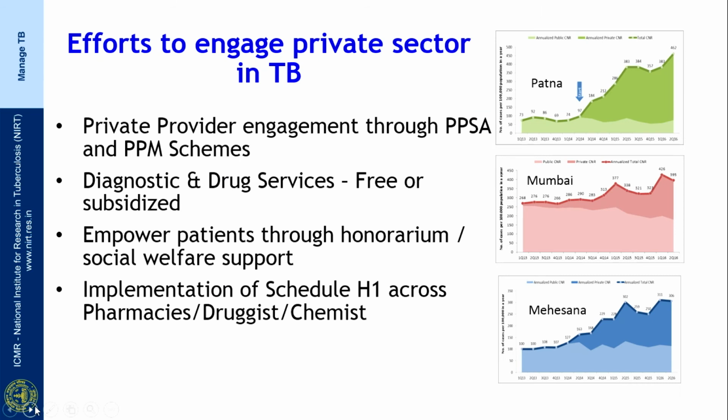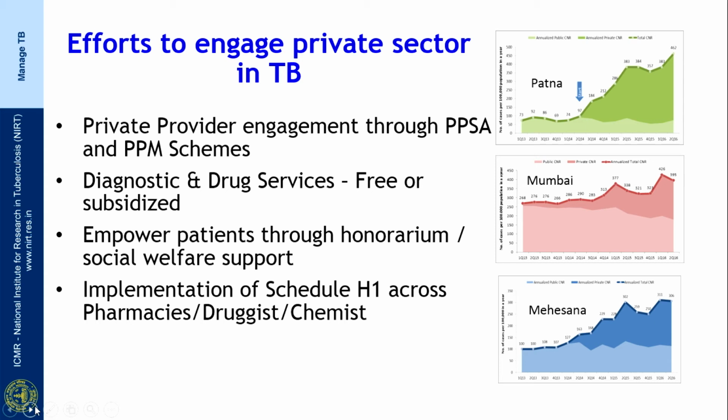Efforts to engage the private sector in tuberculosis. As we discussed earlier, the private sector plays a crucial role. Particularly, 50 to 70% of healthcare services are provided by the private sector.